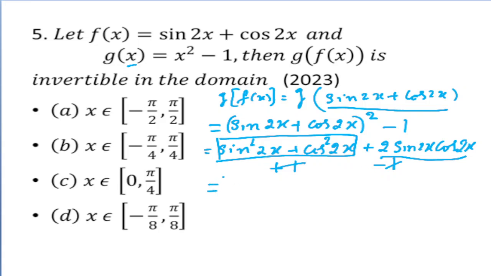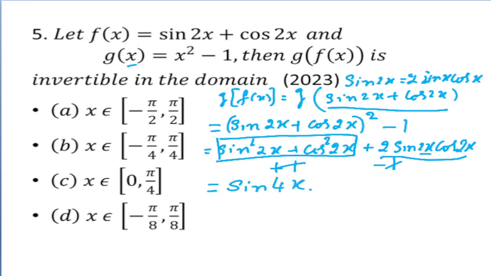Using the multiple angle formula, sine 2x can be written as 2 sine x into cos x. Now in place of x here we have 2x. So 2 sine 2x into cos 2x, we can write as sine 4x.